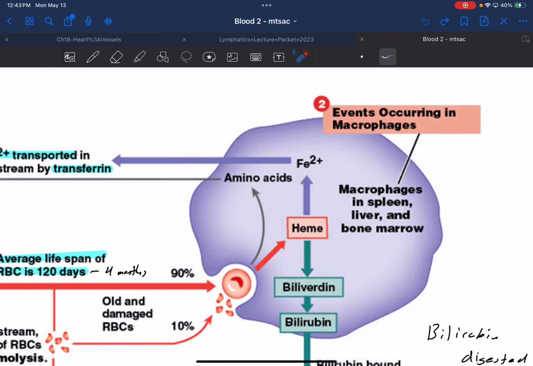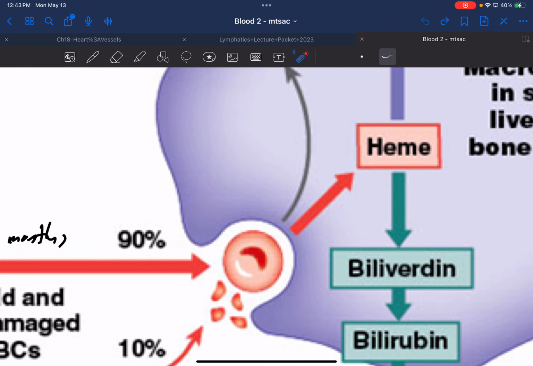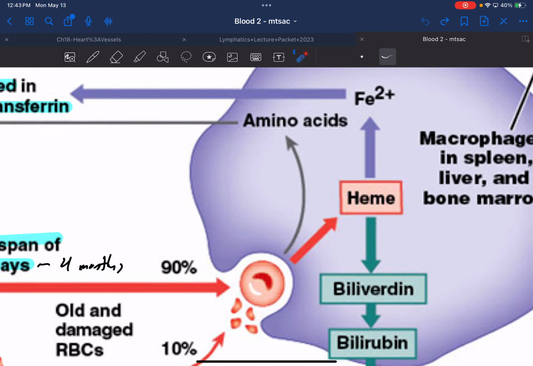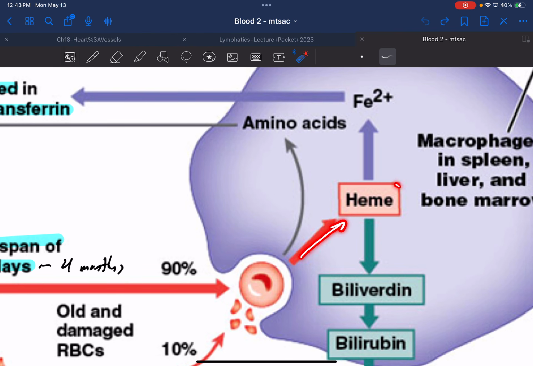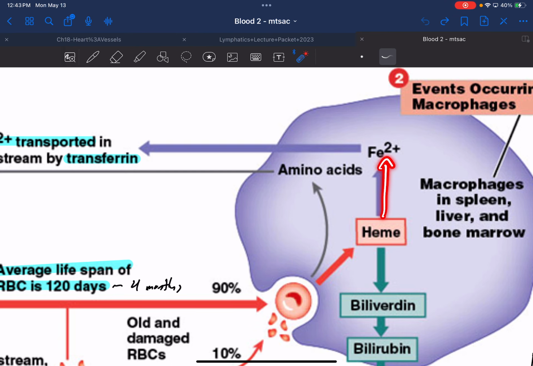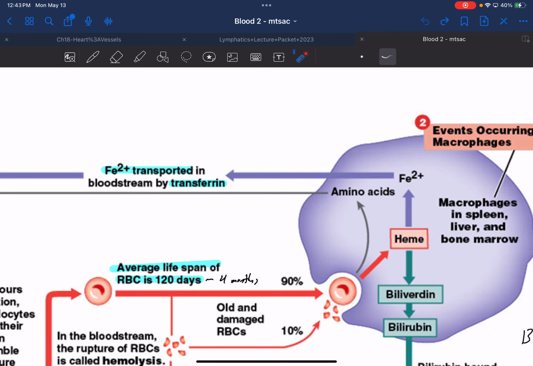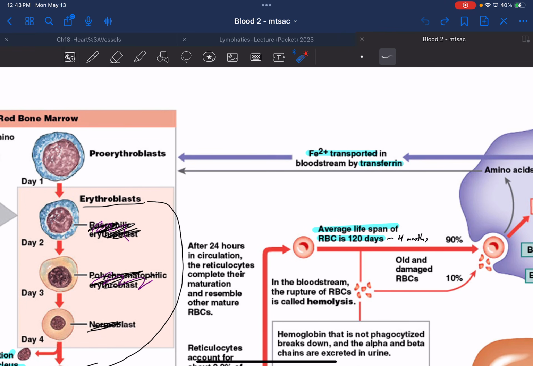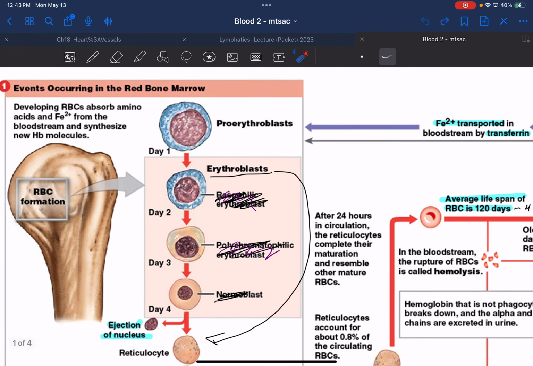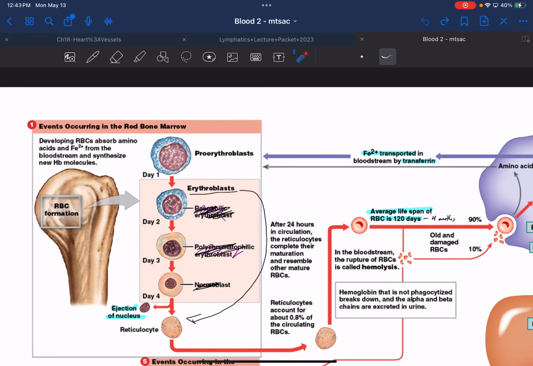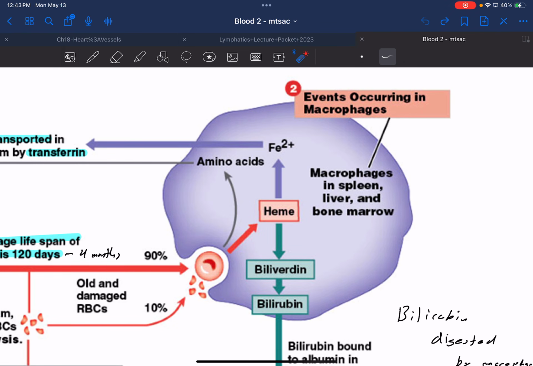And so what you have in the spleen is that you have macrophages that recycle red blood cells. You can see that they break apart red blood cells, and then that heme group, that iron-containing group that carries oxygen, is taken back, or the parts of the heme group are recycled, iron, and then they will be transported all the way to become red blood cells in the red bone marrow. And so the spleen becomes a site for recycling red blood cell components.